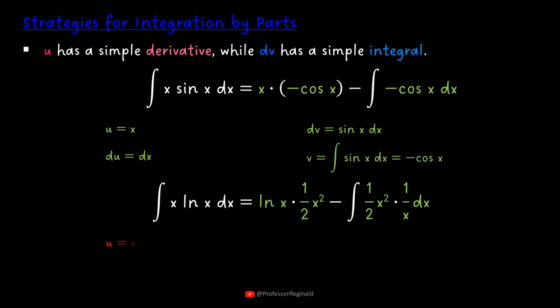Choosing u as x and dv as the natural logarithm of x dx would lead to a more complicated integral, which may require another use of integration by parts.